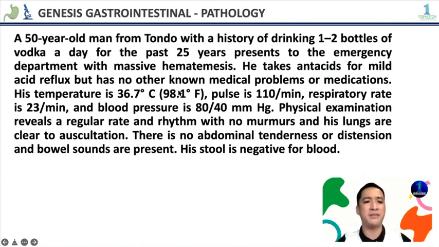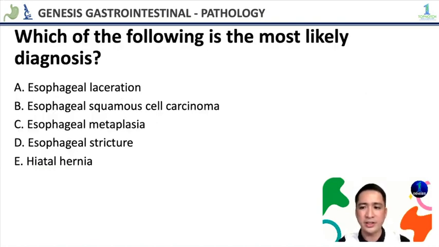Physical examination reveals regular rate and rhythm with no murmurs, and his lungs are clear to auscultation. There is no abdominal tenderness or distension, and bowel sounds are present. His stool is negative for blood.